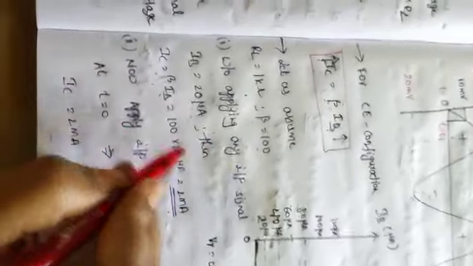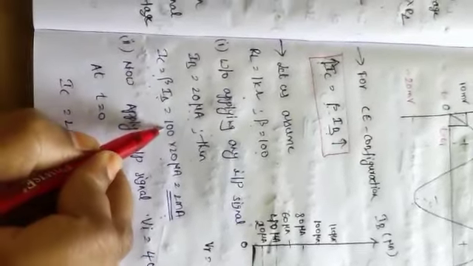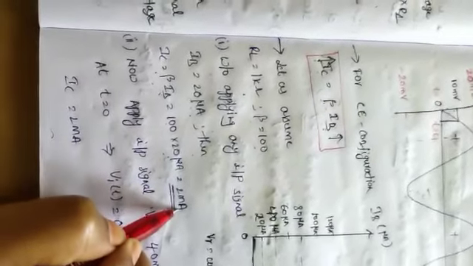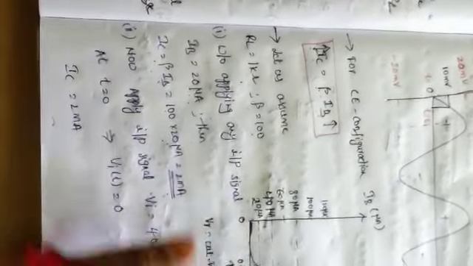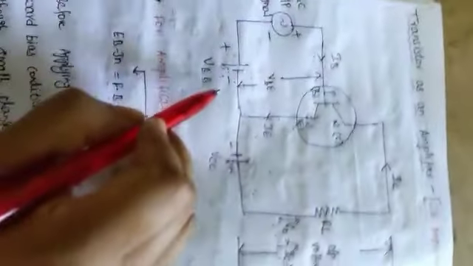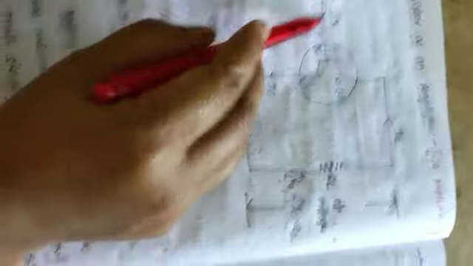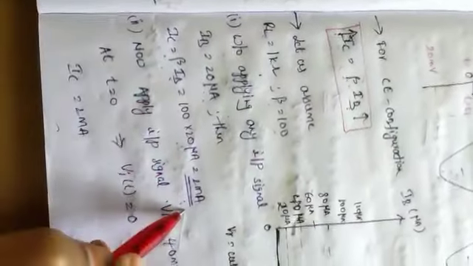Then IC equals beta times IB, with beta equal to 100 and IB equal to 20 microamperes. Now IC equals 2 milliamperes. So before applying any input signal, because of these batteries VBB and VCC, IB equals 20 microamperes and IC equals 2 milliamperes. This is our assumption.